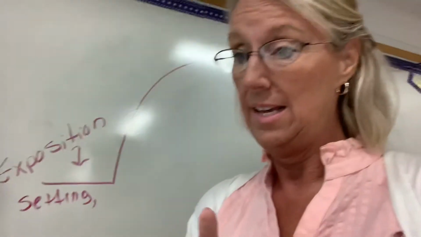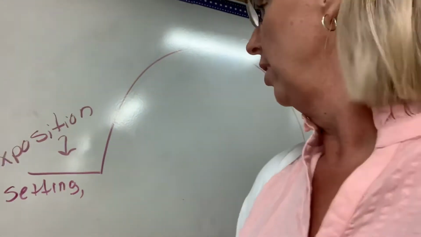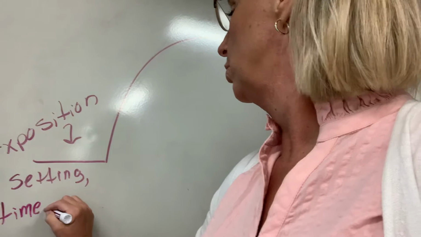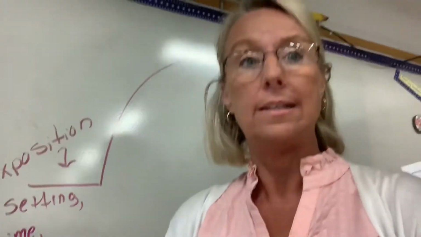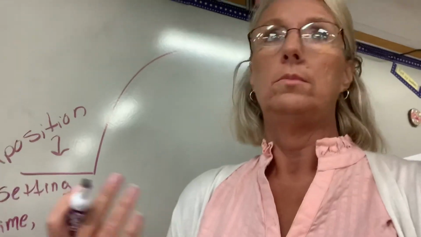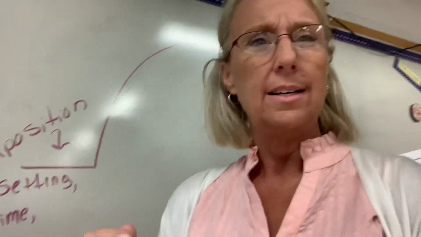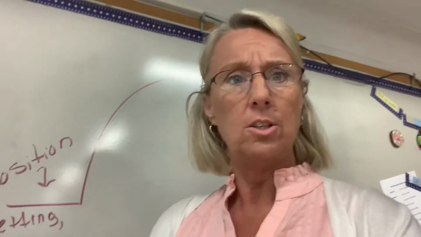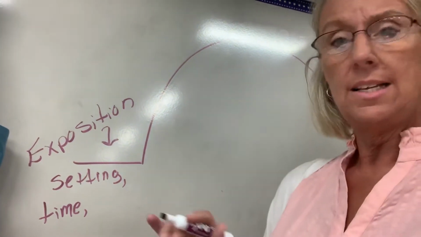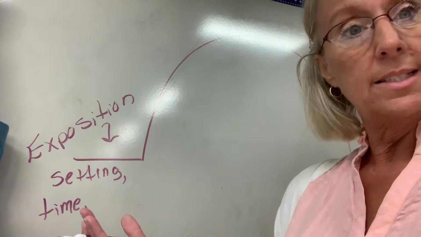That's one thing. The other thing that could go there is the time of the story. Is it 1942? Is it 2099? What is the time frame that the story is being told in? Okay. The next thing that we could look at, it may not necessarily be a time.